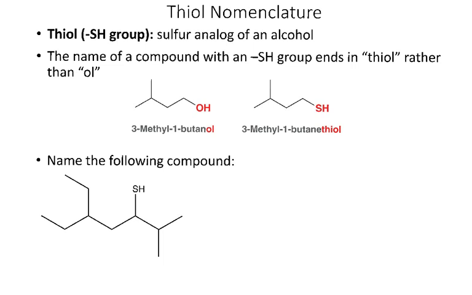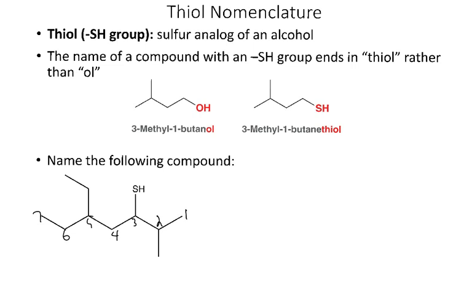So if we were going to name this compound below, first thing we need to do is find the longest chain. So I think I could go 1, 2, 3, 4, 5, 6, 7, or 1, 2, 3, 4, 5, 6, 7. So I'll make one of the ethyl groups part of the parent chain. I'll make the other one a substituent. Just like in alcohols, I want the thiol to have the lowest number possible, so I should start numbering from this end. So I have 1, 2, 3, 4, 5, 6, 7.